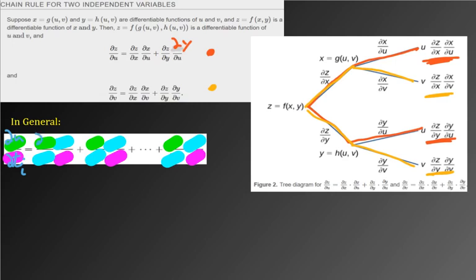Then you would have partial of u with respect to that first x1, and then see how x1 changes with t sub i, and then check u with respect to x2, and then how x2 changes with respect to t sub i, plus plus plus. You just keep doing this for however many x sub n's you have.